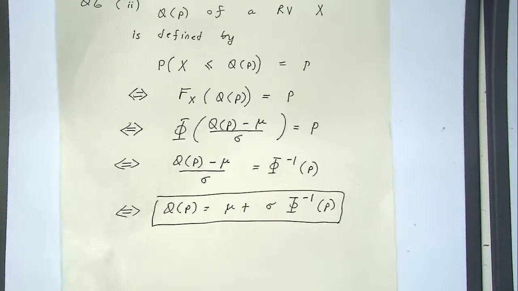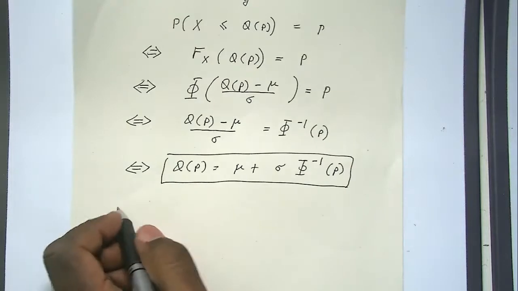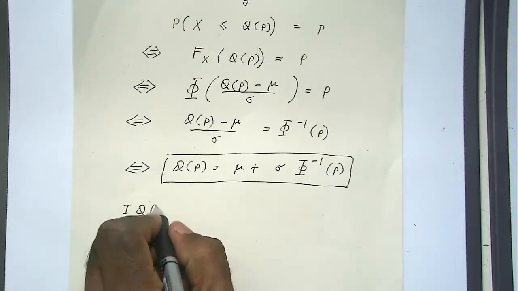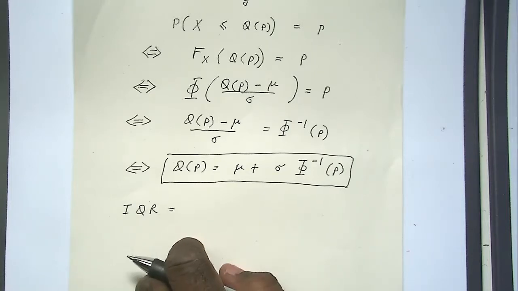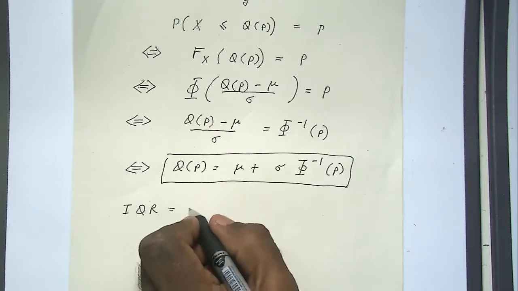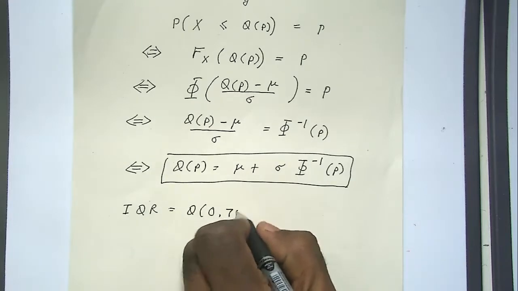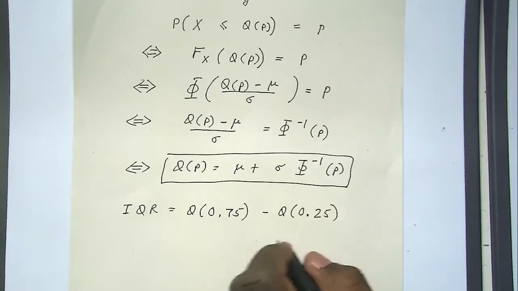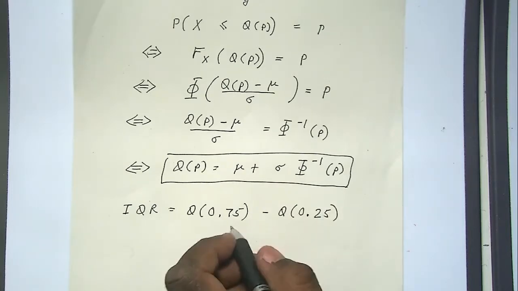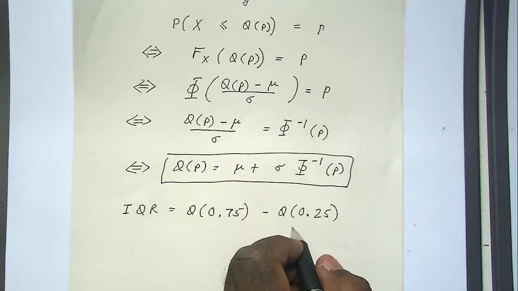Now the question is also asking you for the IQR. Do you guys remember what IQR is? I talked about this in the class. IQR is the interquartile range. What's the definition? This is the definition: the third quartile minus the first quartile.